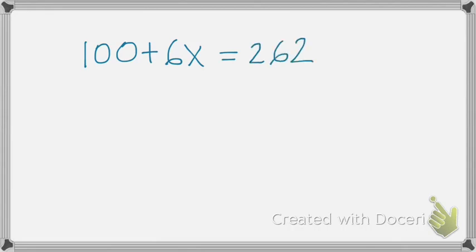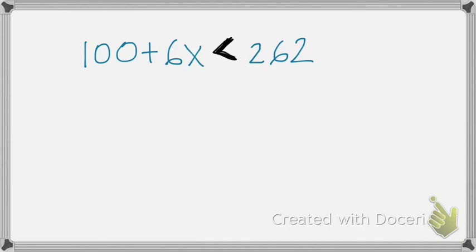Just like we've been solving these equations, and we've been kind of hinting at it the last few days, the next half of this chapter is going to be all about solving inequalities. This is an inequality now.